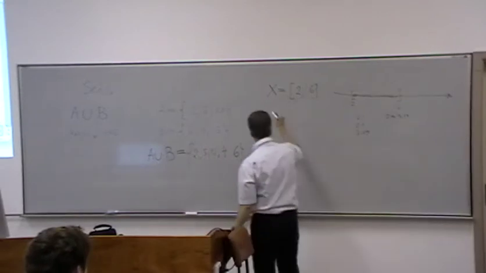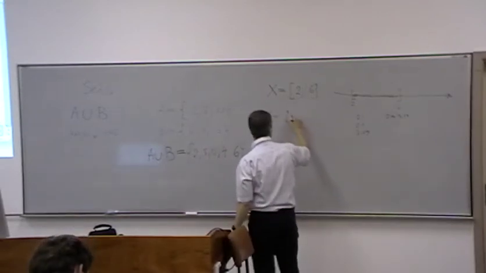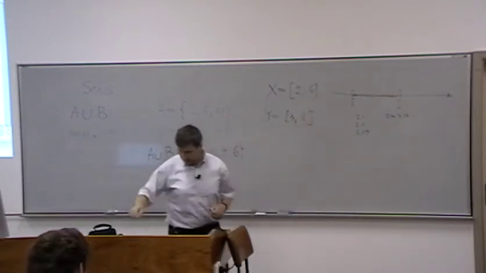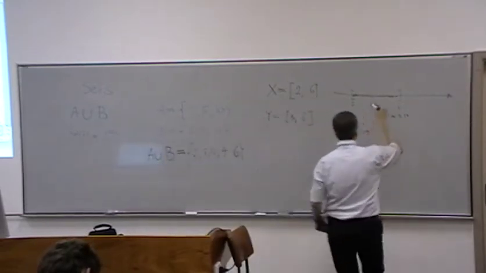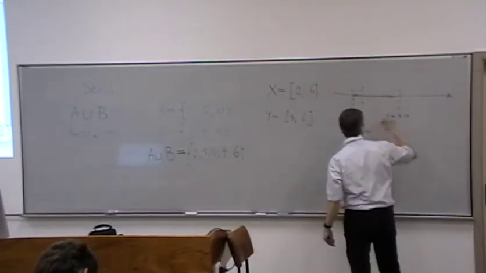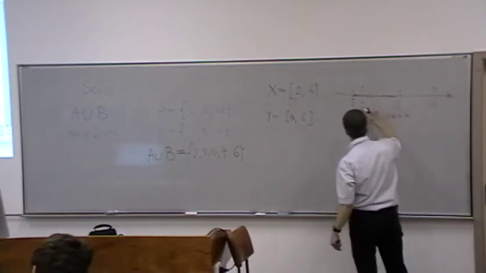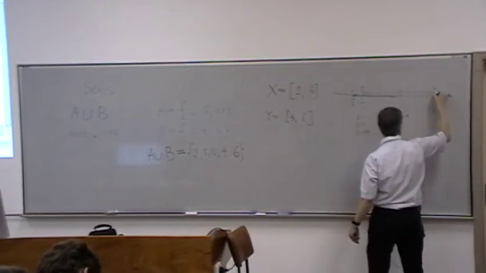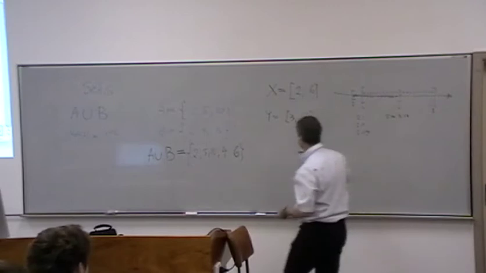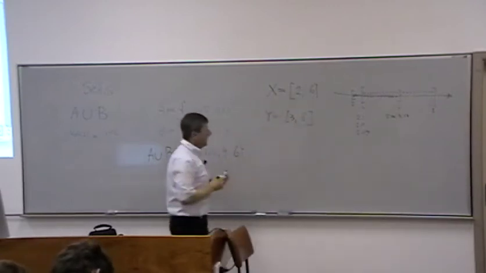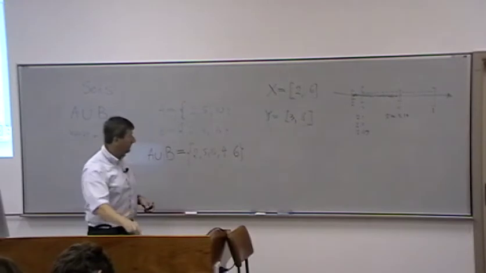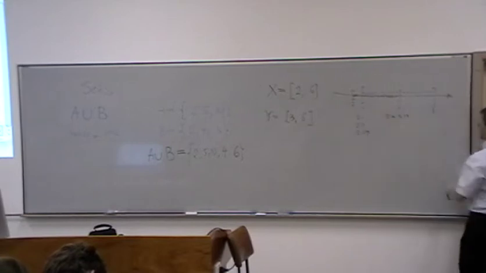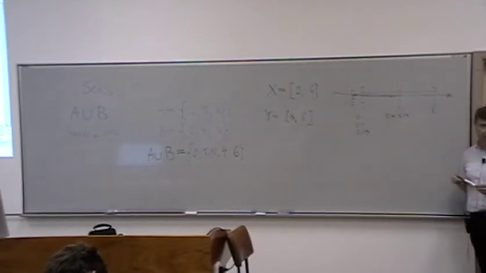And say another set, Y, from 3 to 8. Maybe I should get a different color here. So this is 3, this is 8. So this is Y. What do you think is the union of these two sets now? Anything which is either an element of the black set or an element of the blue set.